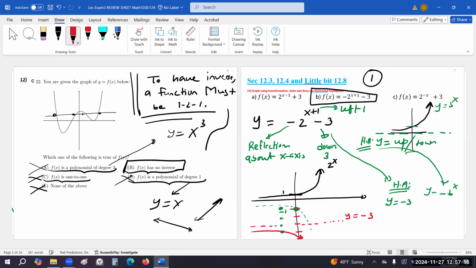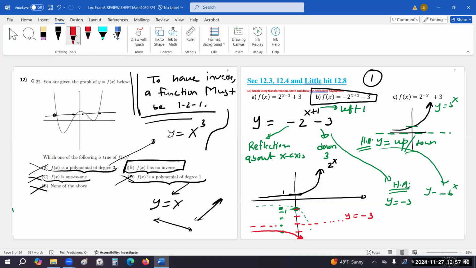I don't have enough space. So all I want to see here is the original graph, and then the reflection, you have to draw it, but make sure you show me what a positive one turns into negative one, and then you're going one down, one left, three down. Don't forget to draw your asymptote. For asymptote, 2 points.